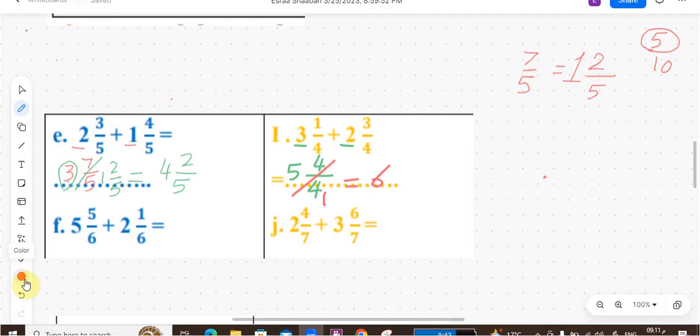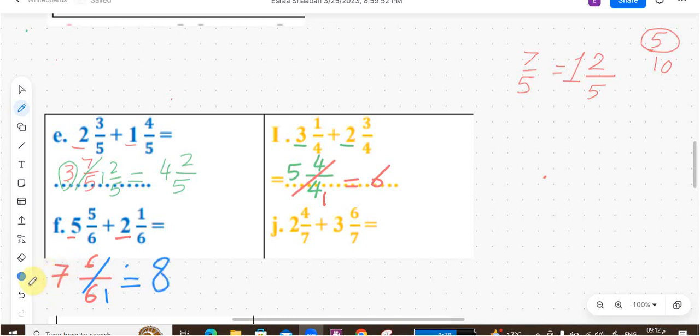Okay, another question. 5 and 5 over 6 plus 2 and 1 over 6. 5 plus 2 equals 7, and 5 plus 1 equals 6 over 6. So this is also improper, we need to convert it. 6 over 6 makes one whole, and we have 7 wholes before. 7 and 1, it will be 8.